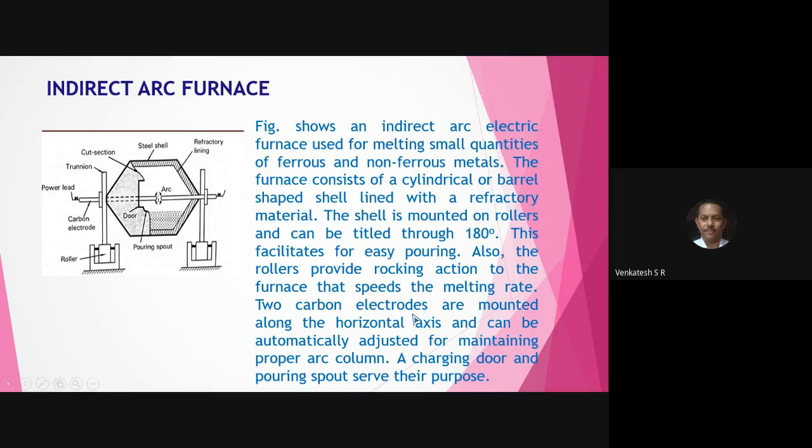The two carbon electrodes are mounted on trunnion along the horizontal axis, and can be automatically adjusted for maintaining proper arc column.